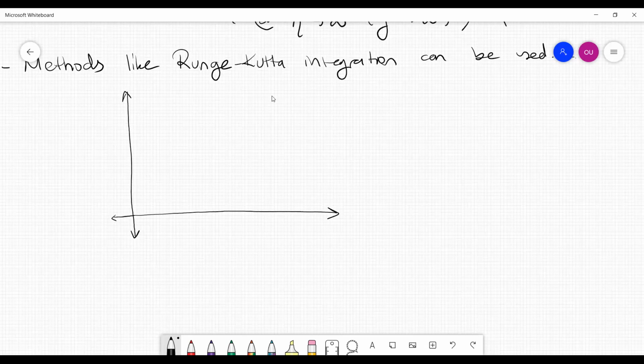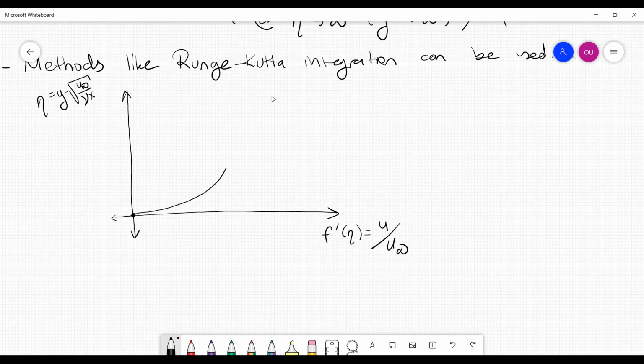The solution can be drawn if this is f prime of eta, so basically the U over U infinity axis, and this is the eta axis, and let's write the definition of eta here again, it's y times the square root of U infinity divided by nu times x. So this indeed looks something like this. At y, or at eta equal to 0, this is 0, and then this finds a function that looks something like that.